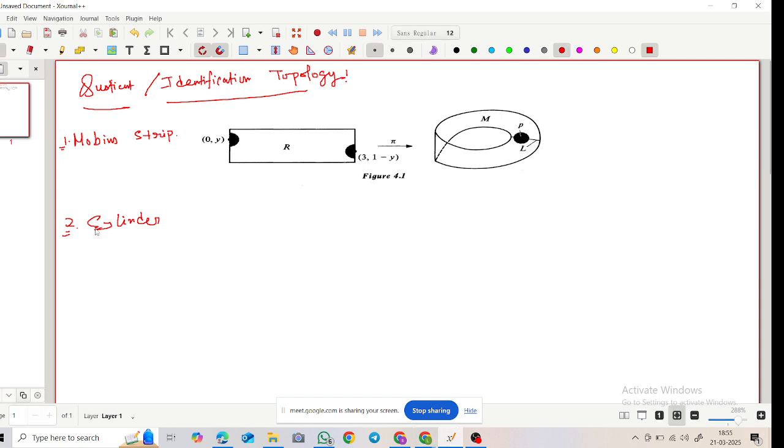You can see the board. Can you see the board? Yeah. So how will the cylinder look? I mean, these black parts mean this will be glued to this. Okay.